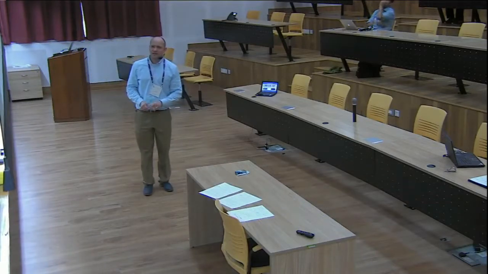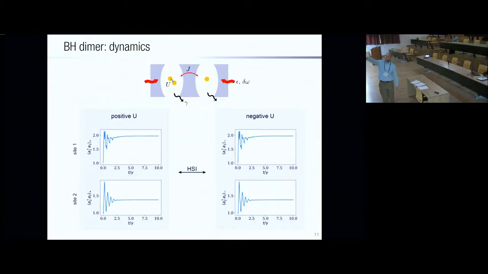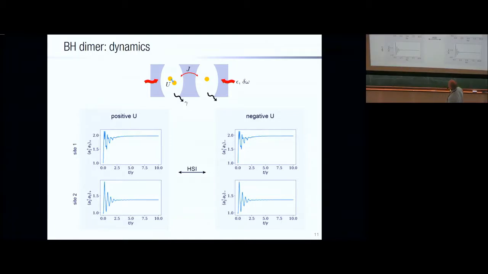So this HSI just stands for Hamiltonian sign inversion, and you'll see in a moment that that is what happens generically. Here, Andy looked at the case with positive U and looked at the examples here, photon number on side 1 and side 2. He chose some initial condition, perhaps this was with photons on both sides. And I forget what the exact initial condition was.